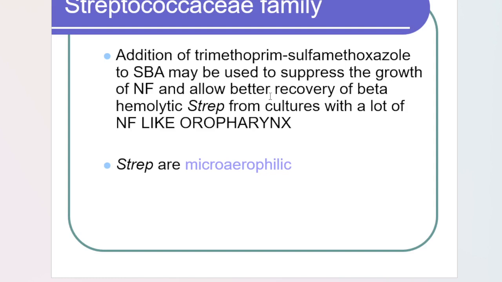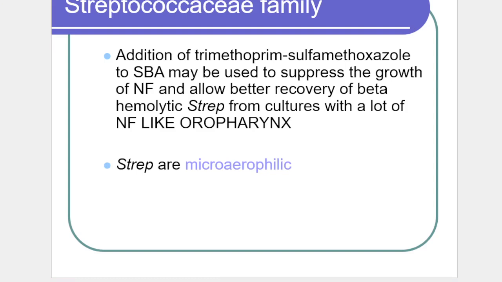So, if in case daw na you want a clinician or microbiologist or medical technologist want to recover beta hemolytic streptococci from a clinical sample na normally maraming bacteria na present doon, so pwede siyang gumamit ng maglagay ng additional trimethoprim sulfamethoxazole to SBA to make it more selective. Okay?